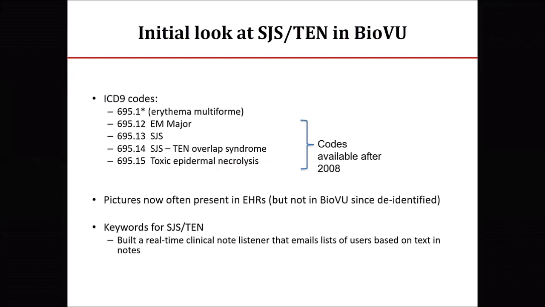And then keywords are ways to search for things. One of the things that Dr. Phillips is doing is collecting cases on an ongoing basis that have severe skin reactions. So what we did is we built a real-time listener that monitors notes as they're written for keywords that are relevant to Stevens-Johnson syndrome, TEN, and can send, with IRB approval, alerts to certain providers to see if they are interested in being a part of the clinical trial.